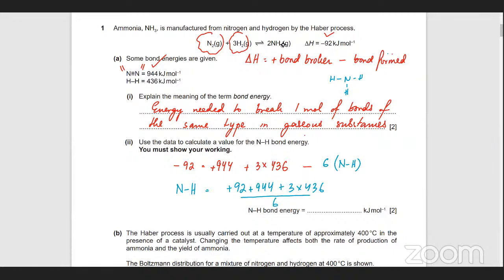So can you try and tell me what the answer is? Hibareta, Zahid, what's the answer? So the answer that you're getting is 390.7 kilojoules per mole. You must show your working.